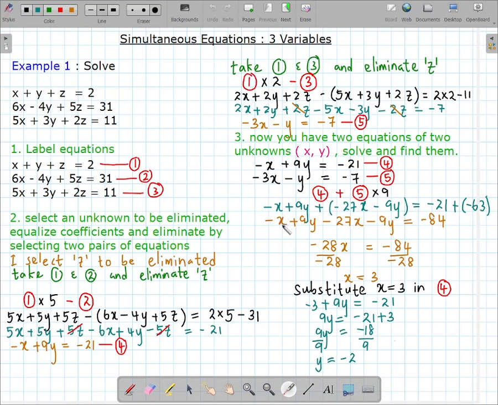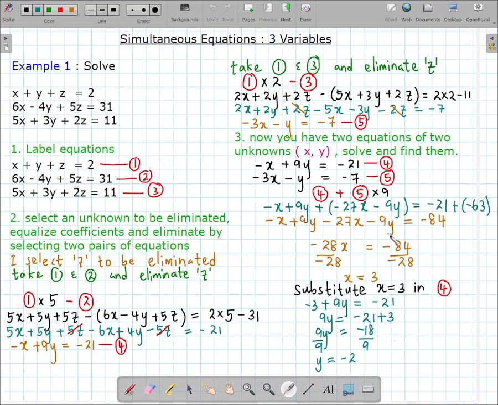Then I write minus x plus 9y, then expand the bracket: plus times minus 27x, plus times minus 9y, minus 9y, equals minus 21 plus minus 63, that is minus 84.